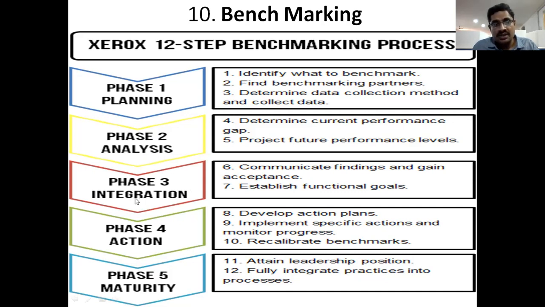And the third stage here is the integration part. In this integration part, we have two substeps: communicate findings and gain acceptance, and establish functional goals. So communicate findings. In the first two stages, we determined our gap and we forecast or estimated the future performance levels.